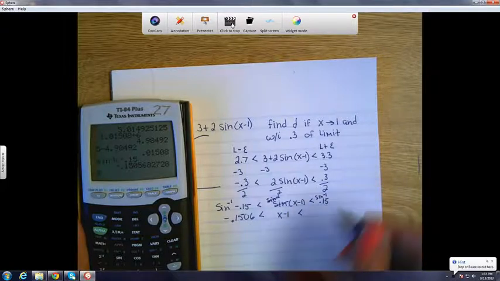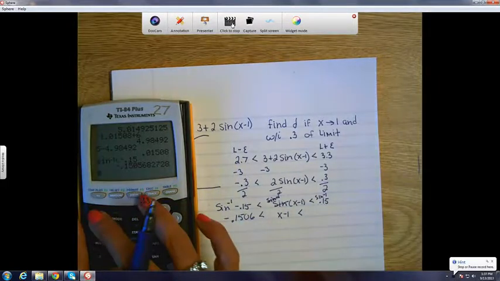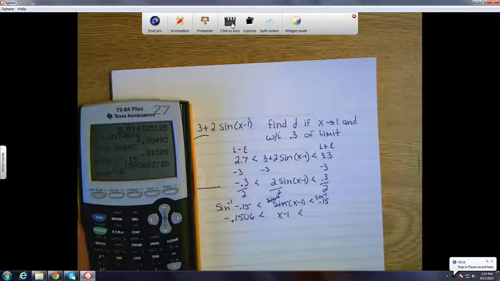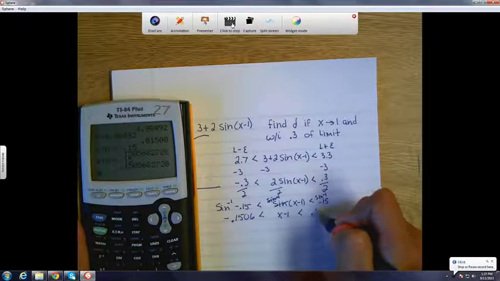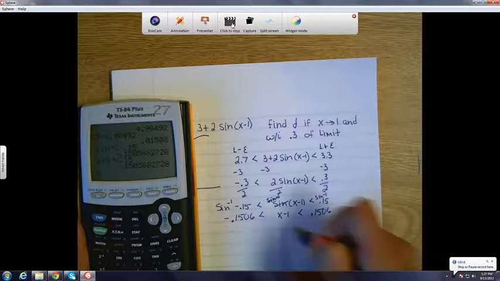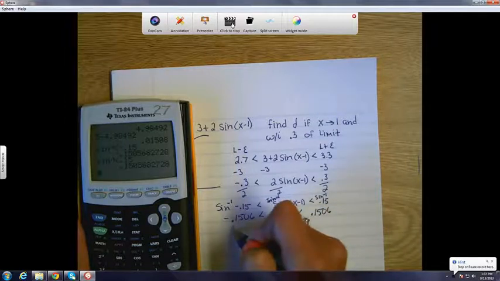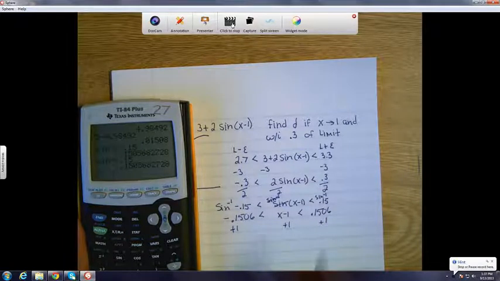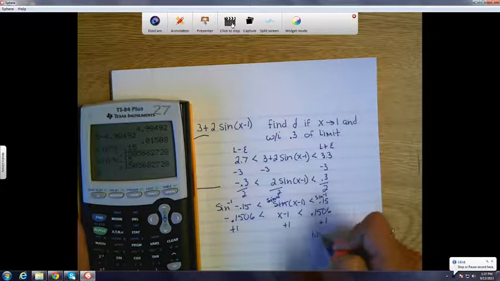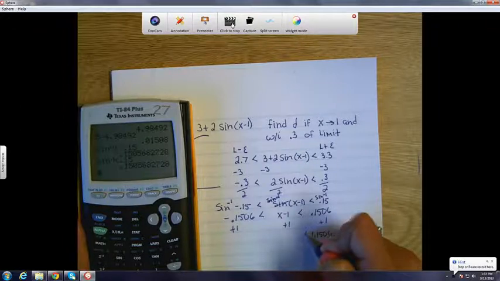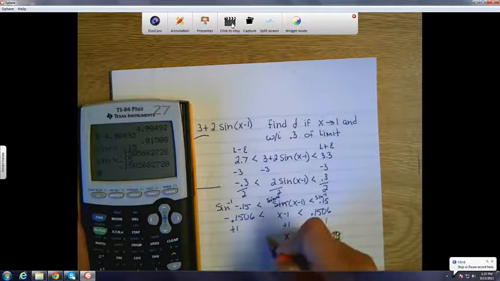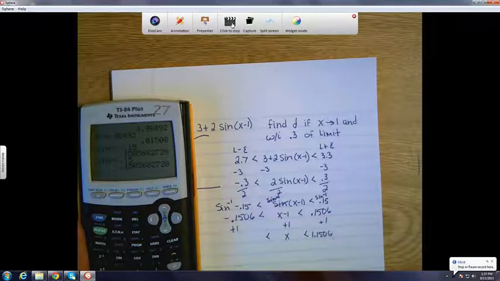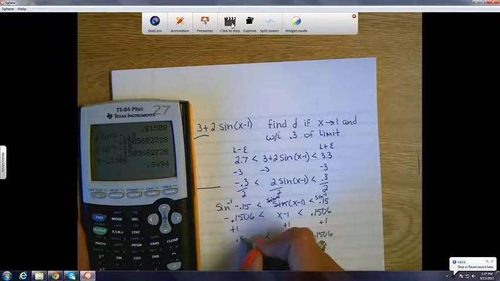And here, inverse sine of 0.15, 0.1506. And add 1. 1.1506 less than x. 1 minus 0.1506 is 0.8494.